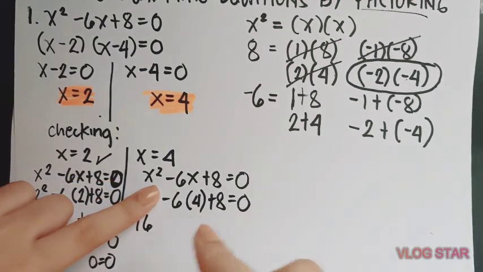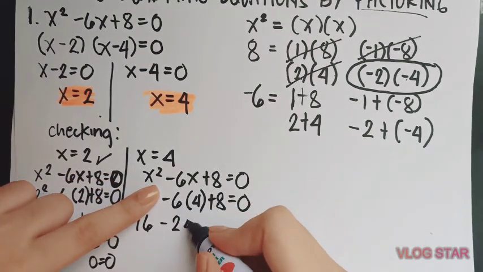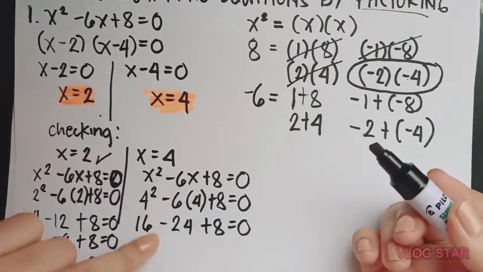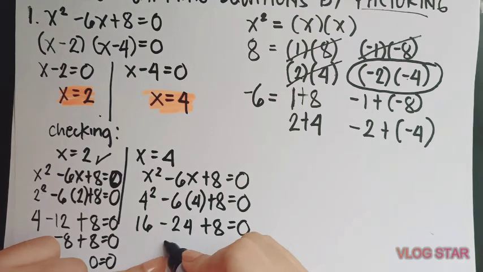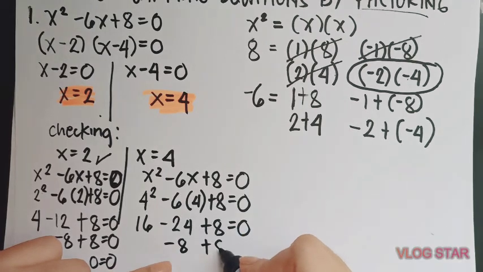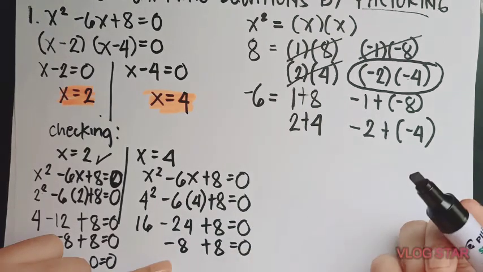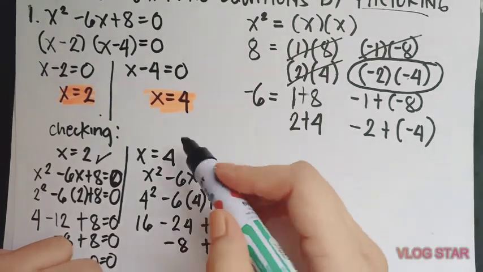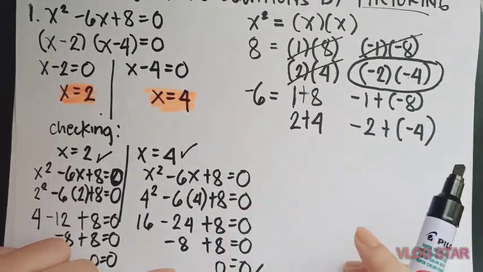Negative 6 times 4, that is negative 24, plus 8. 16 minus 24, that is negative 8, plus 8. Is it equal to 0? Yes, this is equal to 0. Therefore, x equals 4 is correct.